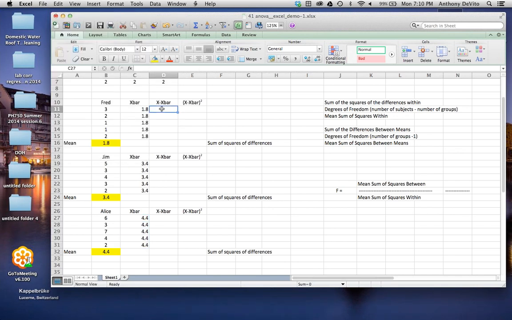Now I'm going to find the difference between each one of these means and the value. Just to be consistent, I'm going to say it's X bar minus X. Well, actually, I'll do it the other way so I'll keep the column straight: X minus X bar. And I'm going to fill down.